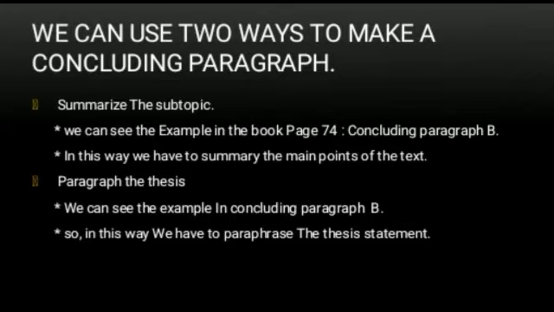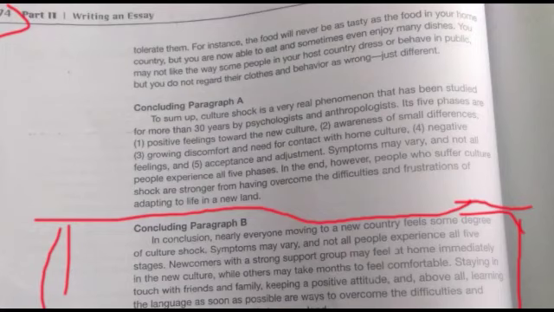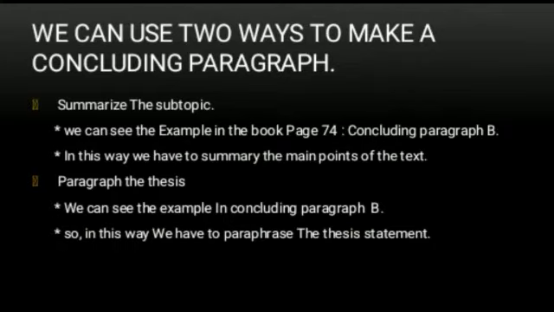Okay, we can use two ways to make a concluding paragraph. Summarize the subtopics. We can see the example in the book's page 74, concluding paragraph A. In this way, we have to summarize the main points of the text.